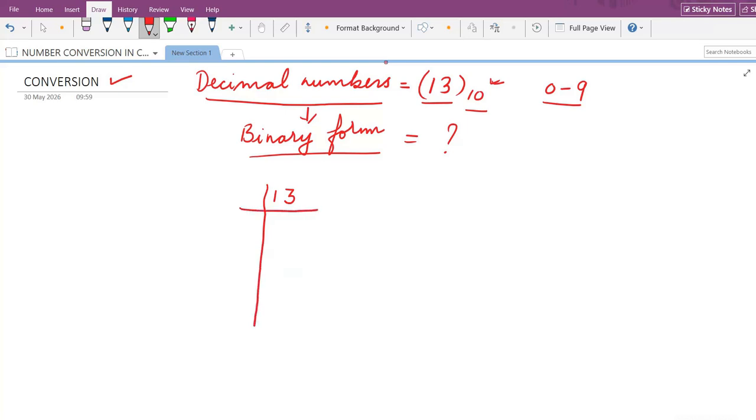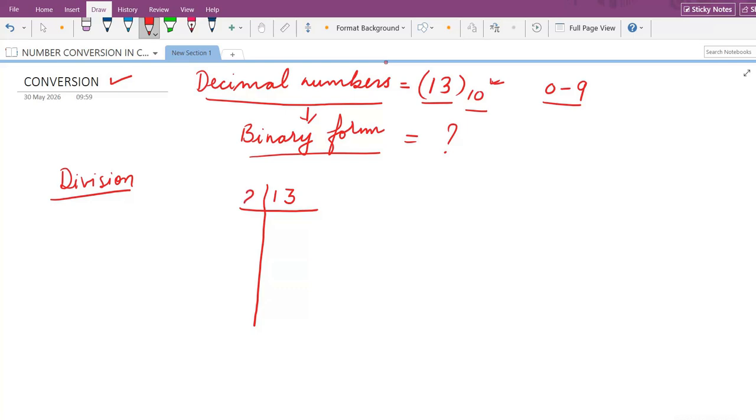In the same way, you have to draw a pattern. Like 13 you have written, and you have to draw the pattern because here we will focus on division. You focus on mental calculation, but if you are a beginner, I'll show you the pattern.